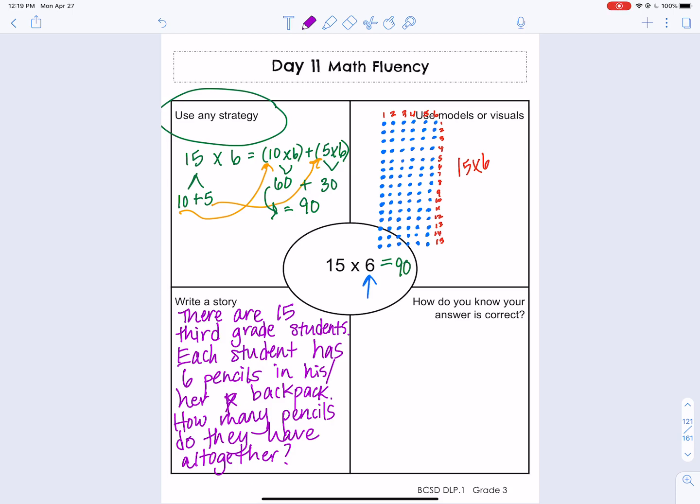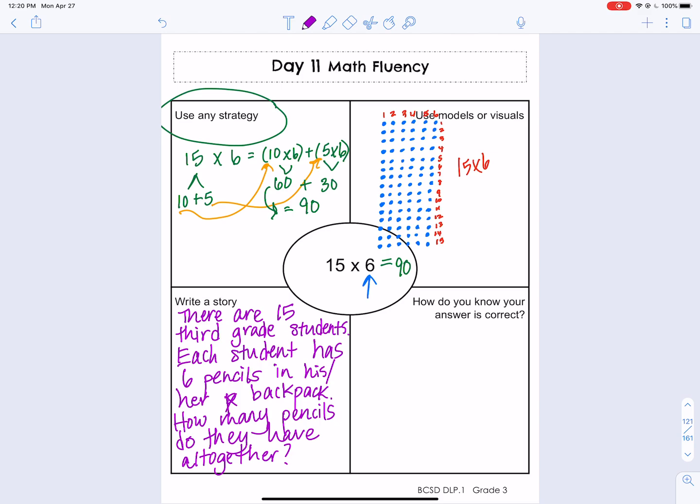Whatever you want to talk about, you just need to write a complete sentence that makes sense. I think that I'll go ahead and write about my first box with the decomposing strategy. I'll say, I know 15 times 6 is 90 because I decomposed 15 times 6 to be 10 times 6 plus 5 times 6. And then I'll talk about my answer from there.